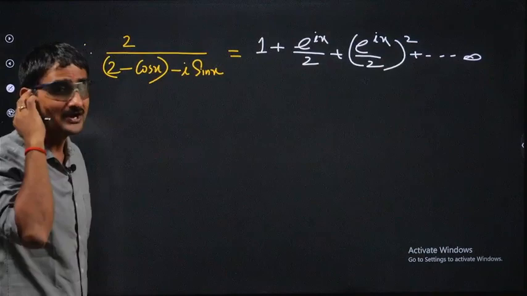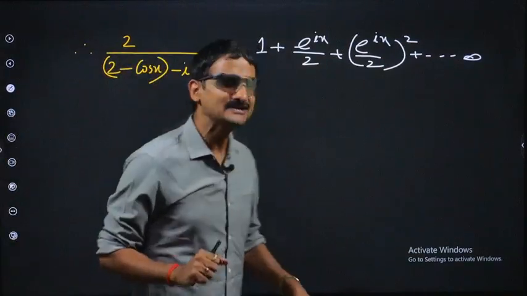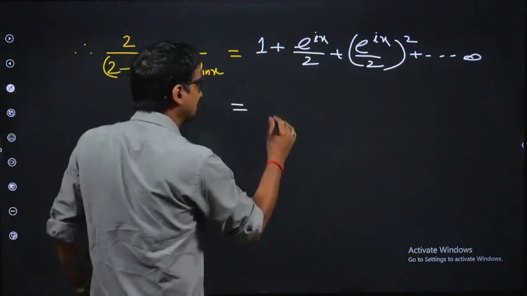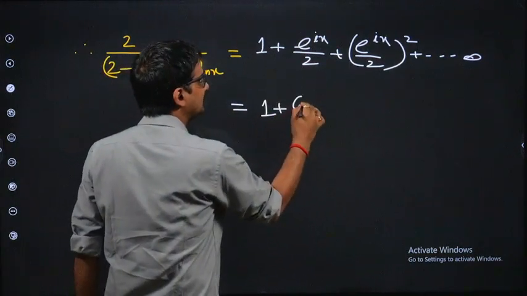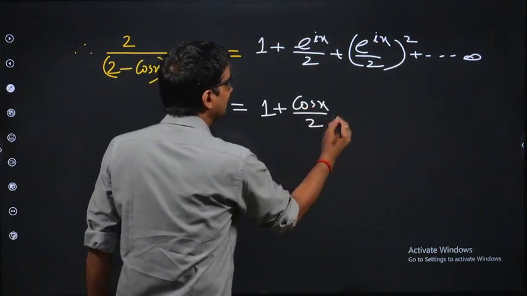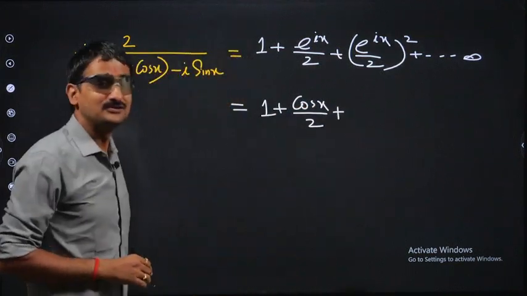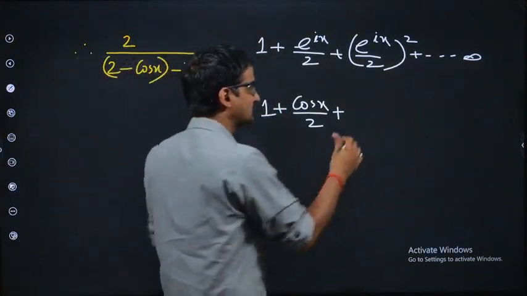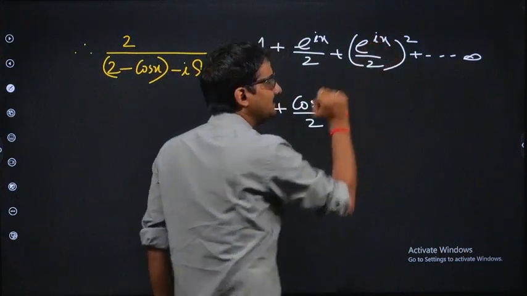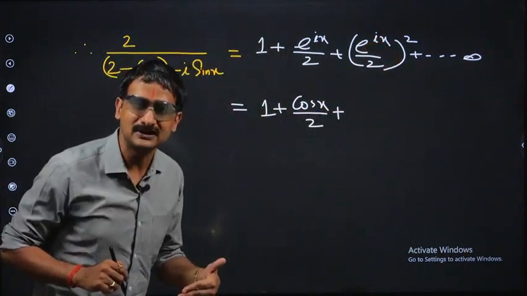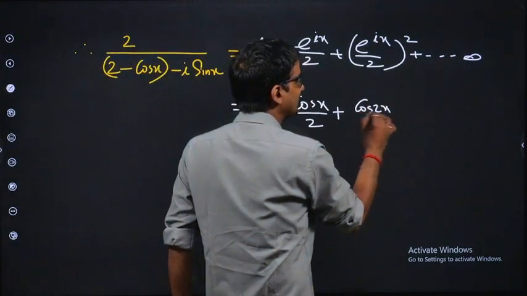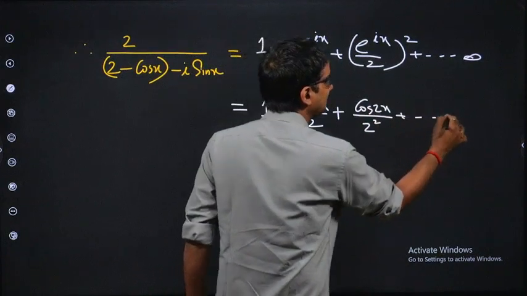Now how will we get our required series? See, collect its imaginary part and real part. So you get an idea here to frame one more question which will give you another type of series, like a cos x series. So 1 plus cos x by 2 plus, when you write e raised to the power iota x as cos x plus iota sin x and use De Moivre's theorem, you will get cos 2x by 2 square if I am collecting the real part.